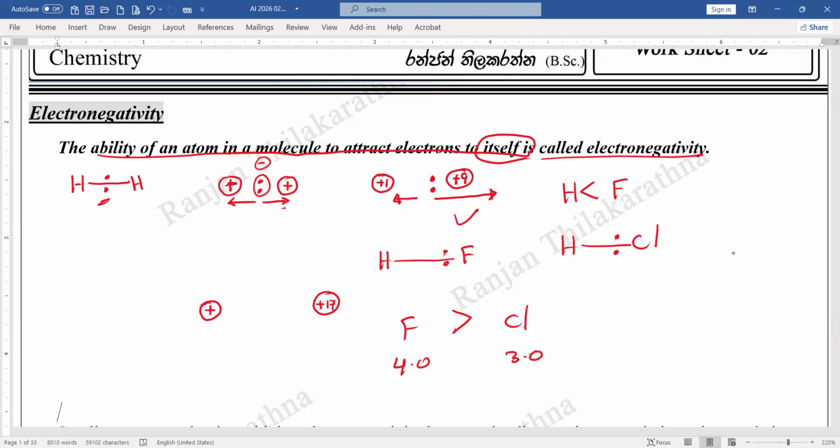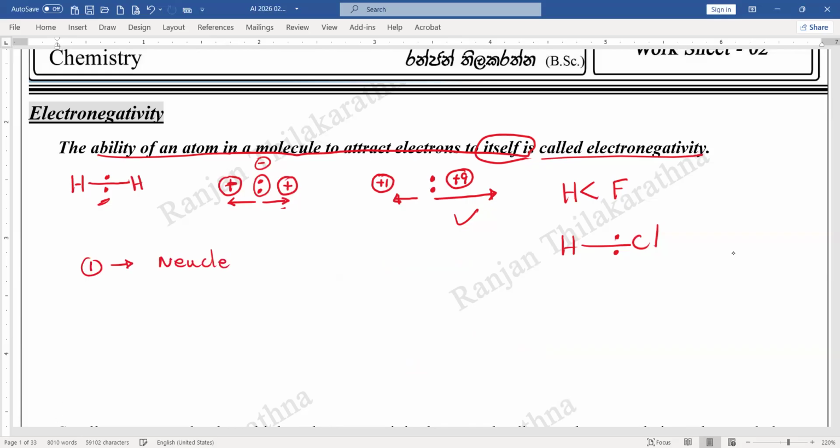Then what else? What are the other factors? There are many factors affecting electronegativity, but mainly it depends on two factors. First one is the nuclear charge.